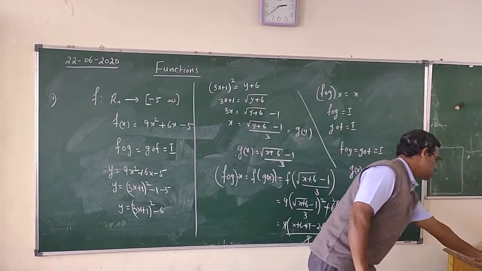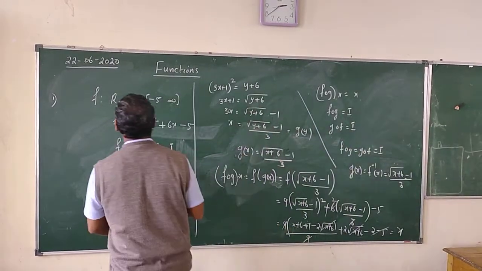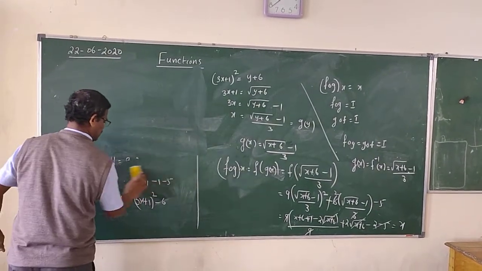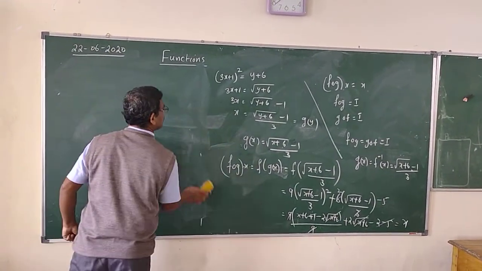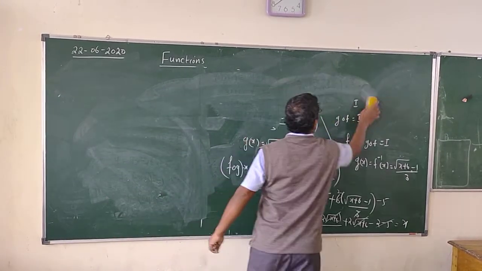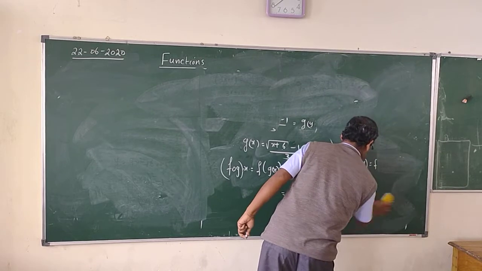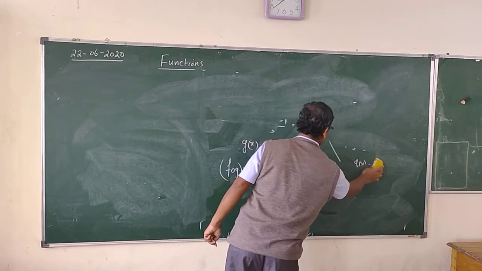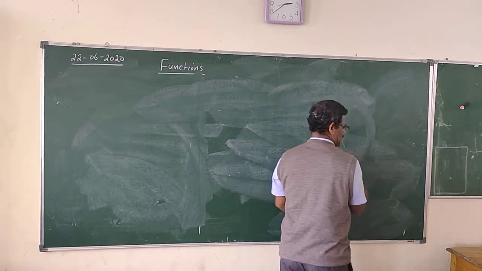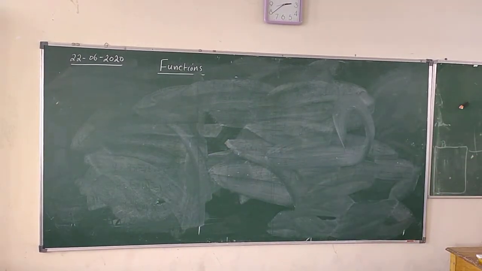Okay, so that is what an invertible function is. And let us take one more example. This is a problem in your textbook, I think question number 12. I will take one more question for that.